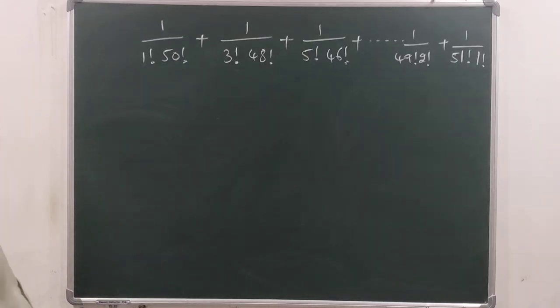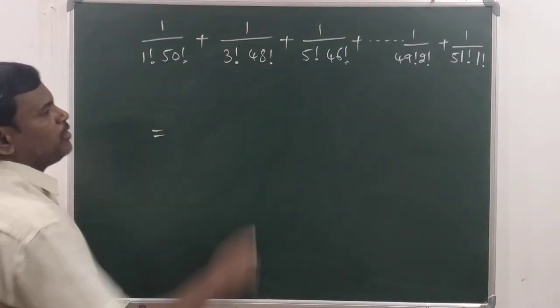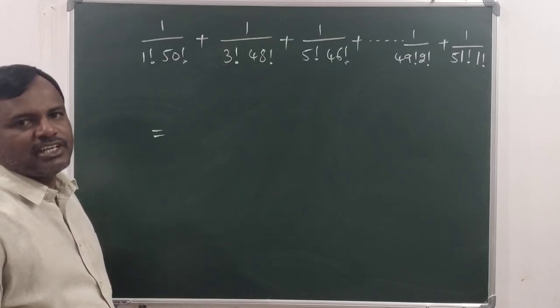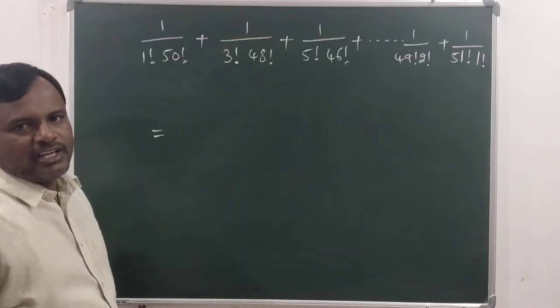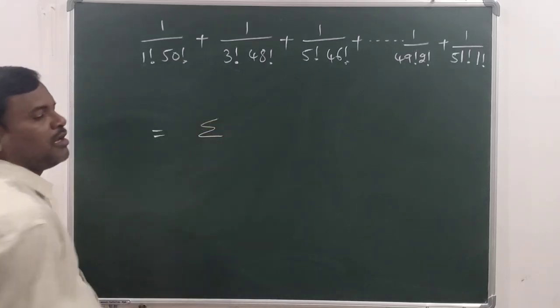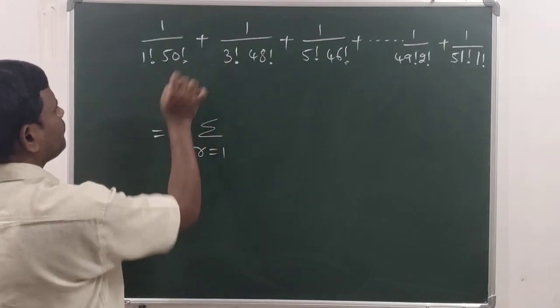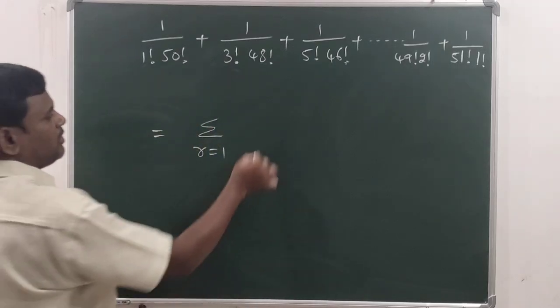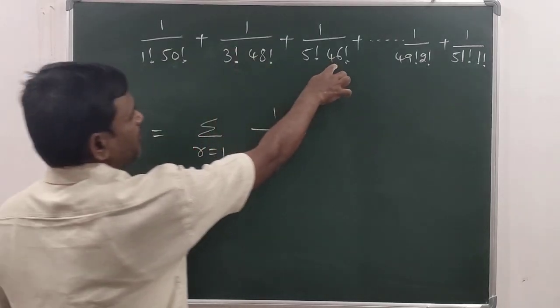See students, how I am going to simplify this. Okay, I would like to express this series as the sum of its nth term or rth term. I am going to write r running from 1 to, see, here 50 is there, here 1 is there, here 48, here 3, here 46, 5.